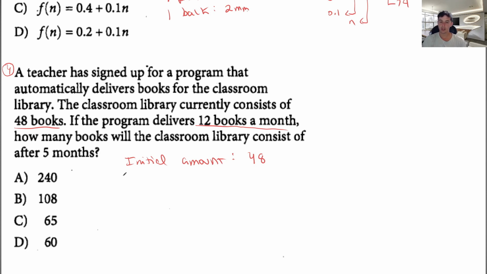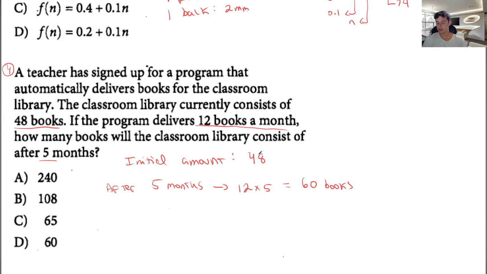For this one, we can always use common sense. We don't even need to write a linear equation and solve it, because we know that if they're delivering 12 books per month, after 5 months they will be delivering 12 times 5 books, which is 60 books.